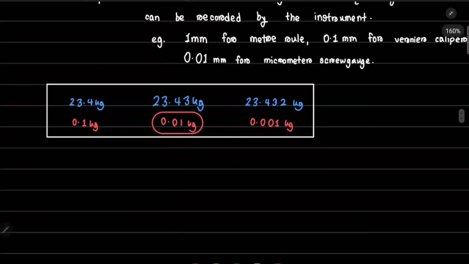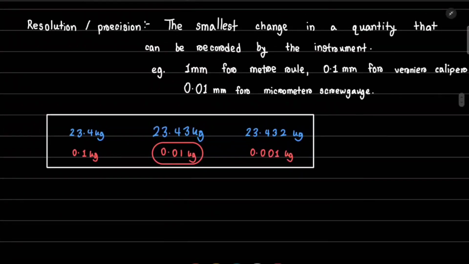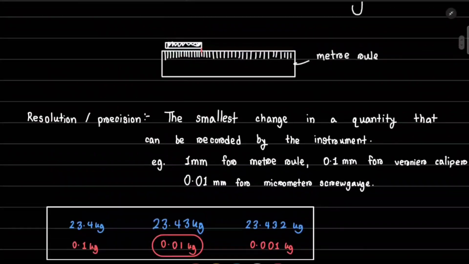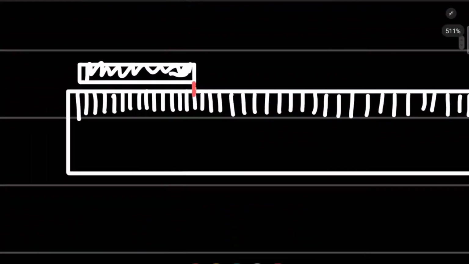Now we have to learn how it's linked to the measurement uncertainty. The measurement uncertainty basically means the range where we can find the exact value. Now for this example, this is 15 millimeters.